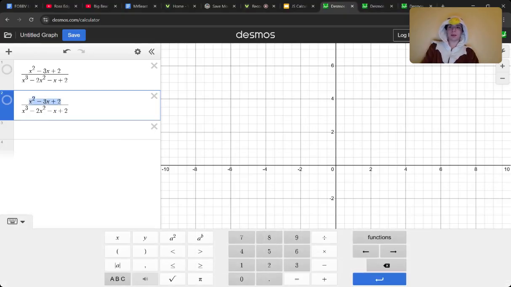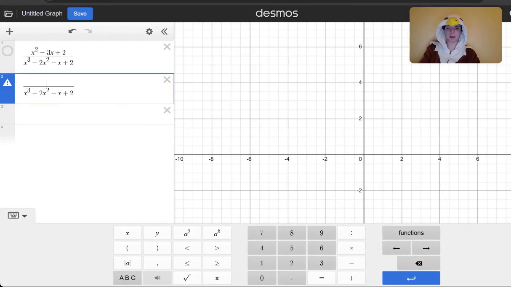So this top right here, that can be factored as x minus 1 times x minus 2. And then for the cubic on the bottom, we can split it up like this and pull out an x squared, and we get this in this form right here.